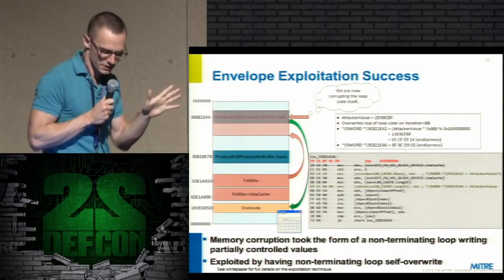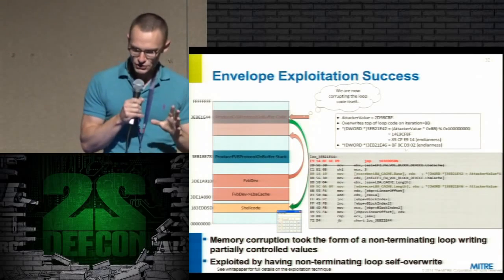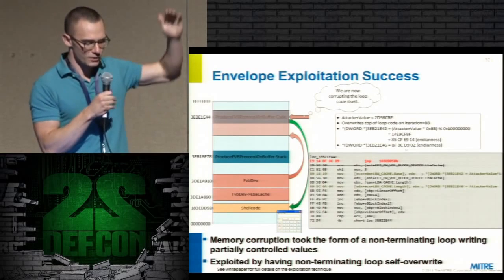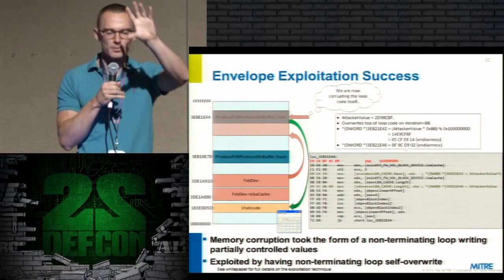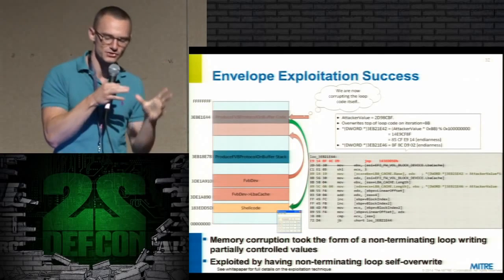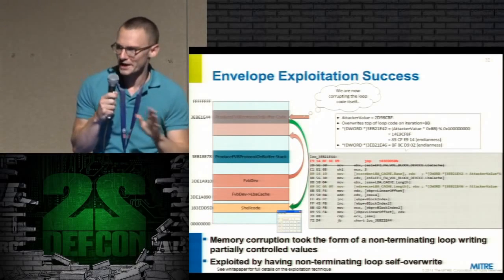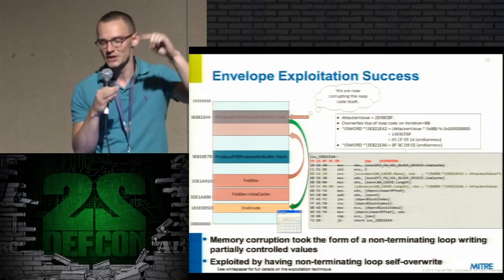The King's Gambit vulnerability was especially interesting, the one in what we call the Dixie phase, because essentially you end up in a situation where there's a non-terminating loop that's going to overwrite the whole 4 gigabyte address space with only partially influenced values, so you're just clobbering the whole address space with values you don't even completely control. How can we possibly escape? Well, the only way I could think of to actually exploit this was to have the non-terminating loop overwrite its own code as it was executing.